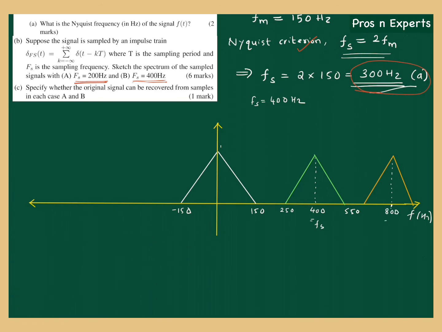So this value is 800 plus 150, which is 950, and this value is 800 minus 150, which is 650. Again there is no overlapping, and this continues. The same thing I can draw on the negative side also.